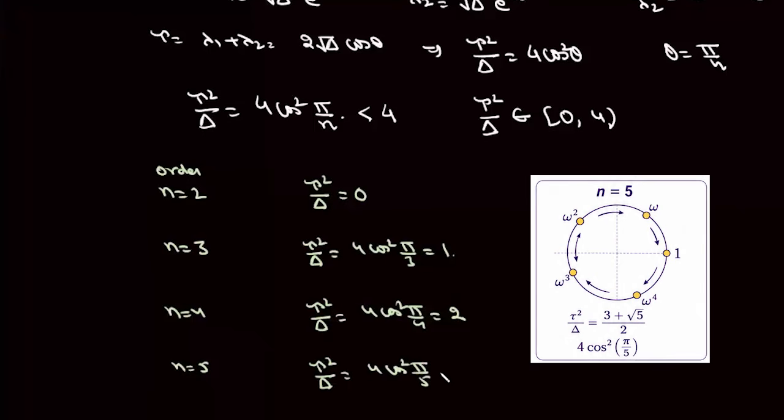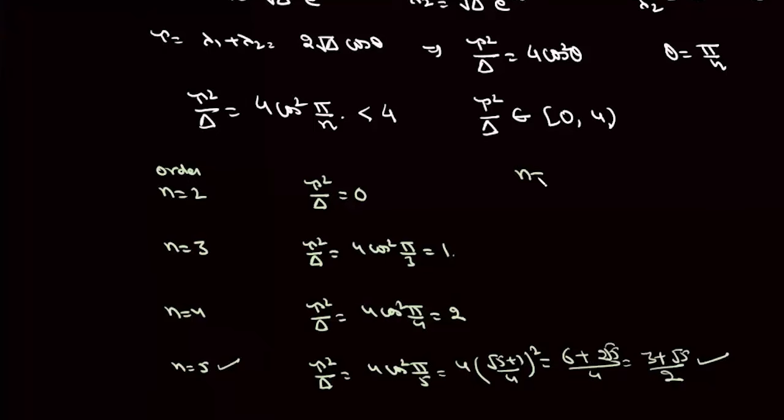Now this is 4, and this is cos 36, and cos 36 is root 5 plus 1 by 4, whole square. So it will be 5 plus 1, 6 plus 2 root 5, by 4, which is 3 plus under root 5 by 2. So if tau square upon delta is 3 plus root 5 by 2, then its order is 5.